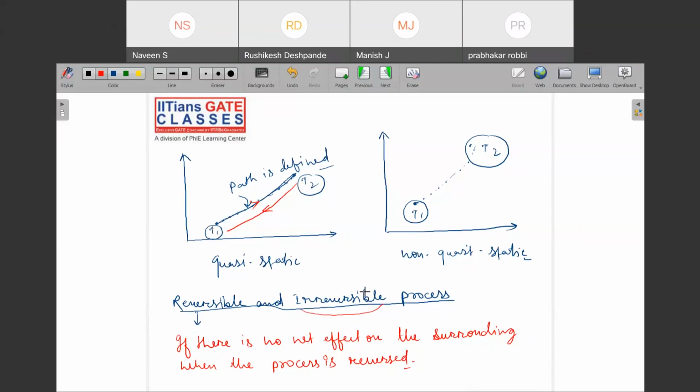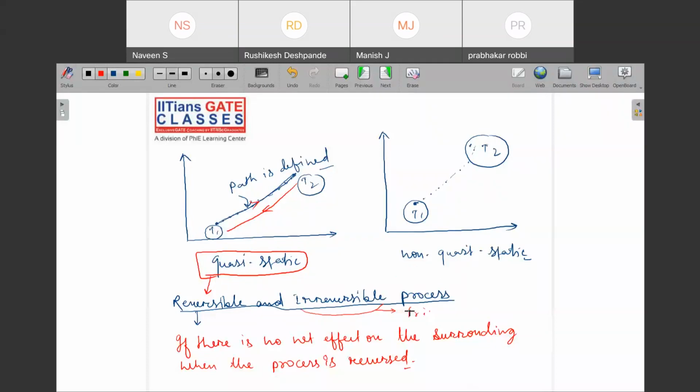So why have we studied quasi-static? See, quasi-static processes are the basic requirement for a process to be reversible. So quasi-static processes are reversible in nature. And irreversible processes are non-quasi-static. We will talk about it later, and the main reasons are friction and non-equilibrium.